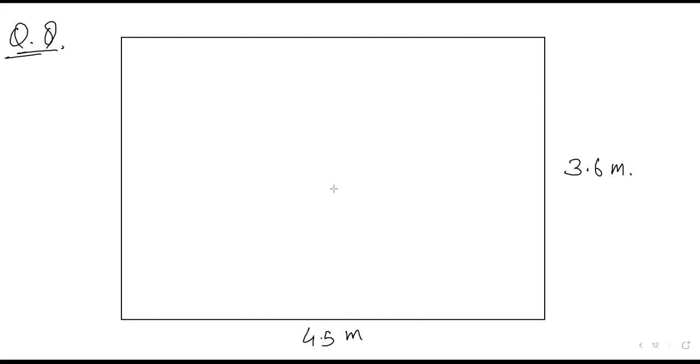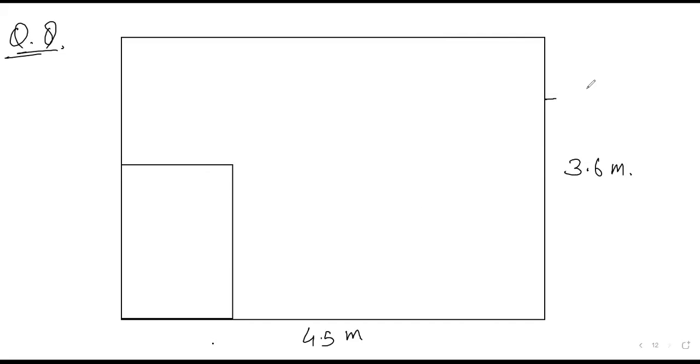Now the breadth is also given for the door. So in this wall, suppose this is your door, and the door is at the corner of the wall, right? This is your door.